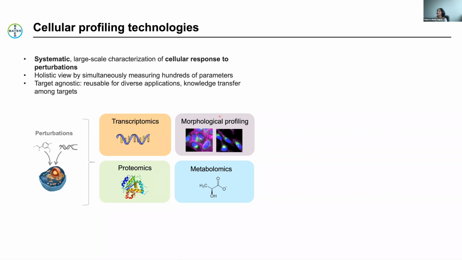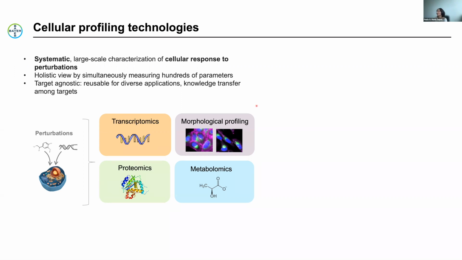You probably know many of those technologies, such as transcriptomics, proteomics, metabolomics, and so on. But let's say the new kid on the block is called morphological profiling, where we simply take images of the cells and then assume that the effect of the perturbations inside the cells can be encoded in the morphological changes that these perturbations induce in the cell. Of course, this type of technology offers a different interpretation level than transcriptomics, because we cannot directly relate the changes to a gene.